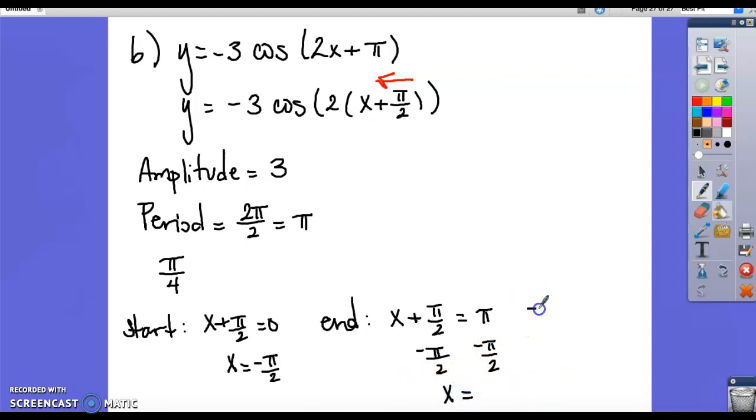So x equals pi minus pi over 2. That's the same thing as 2 pi over 2 minus pi over 2, which is pi over 2. So I'm going to go from negative pi over 2 to pi over 2. That's going to be one cycle.